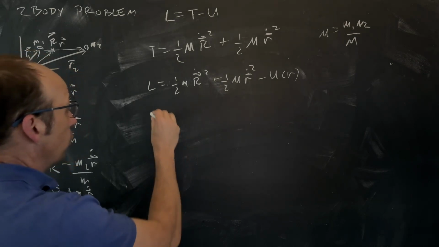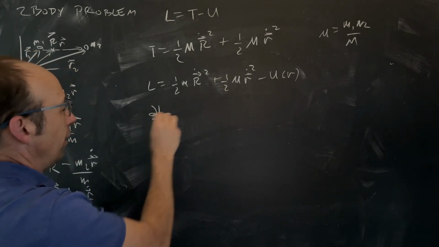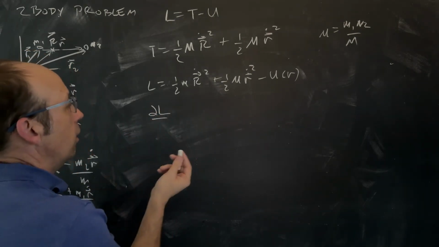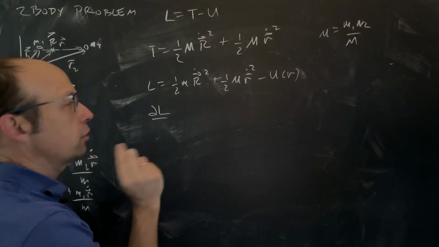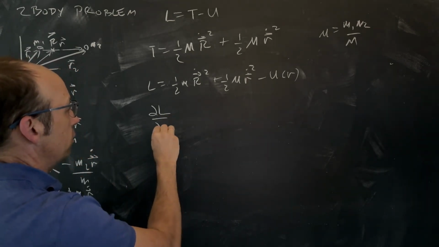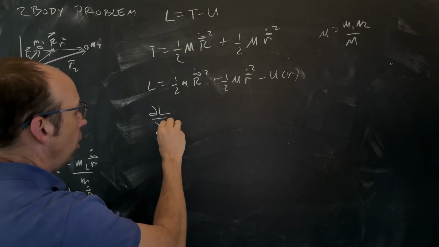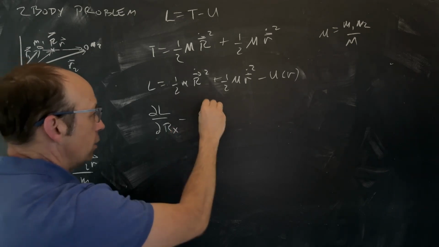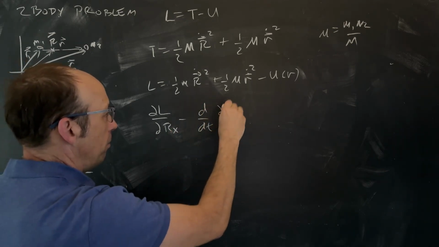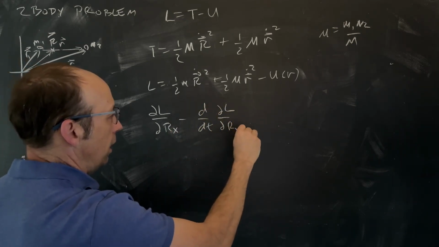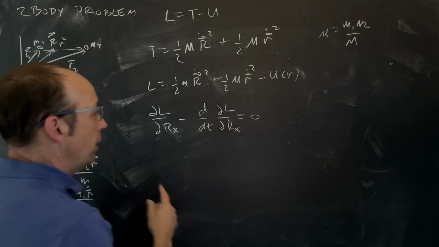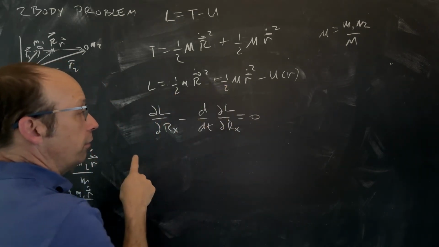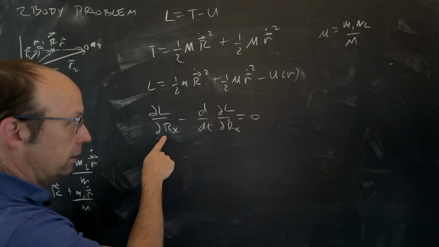Now, when I apply the Euler-Lagrange equation, it says the partial of L, and I'm going to write this as a vector, even though, let's just do one of them. The partial of L with respect to Rx minus the derivative with respect to time of the partial of L with respect to Rx dot is equal to 0. Well, if I take the partial of L with respect to Rx, there's no Rx, so that's 0.